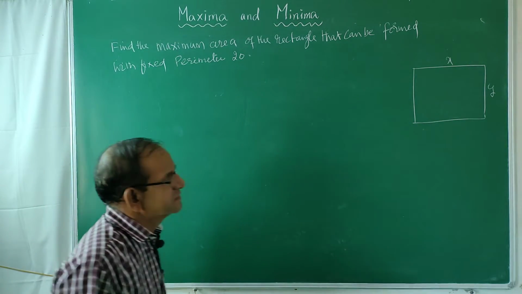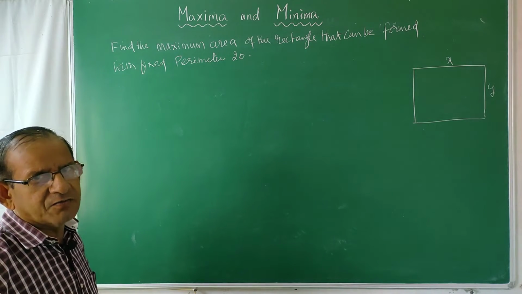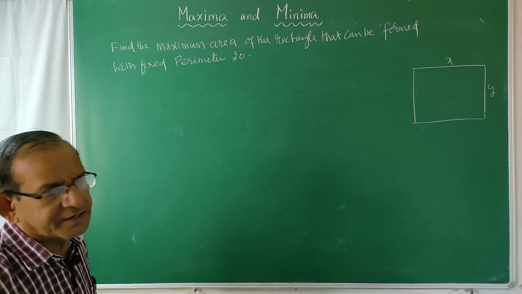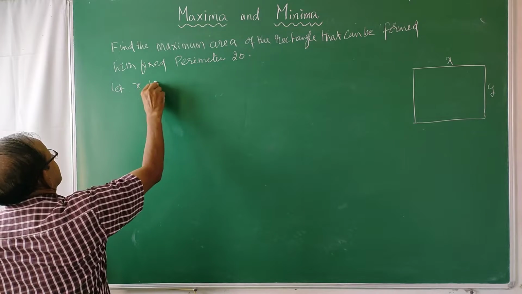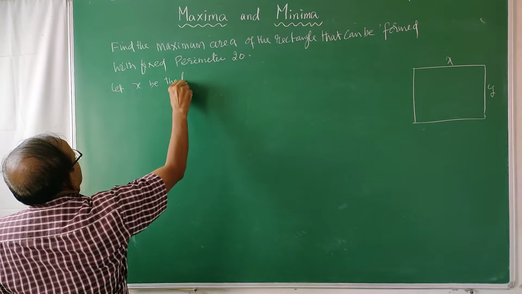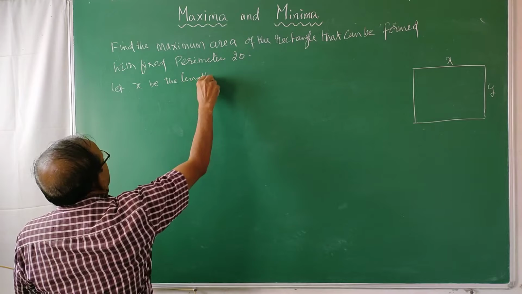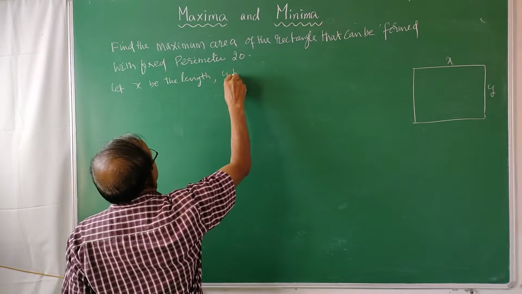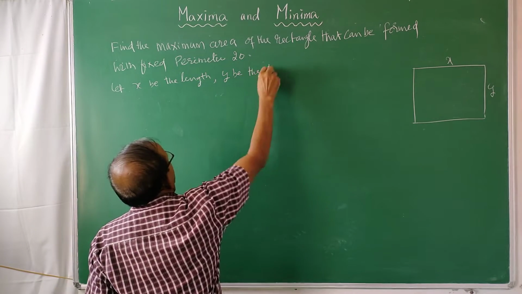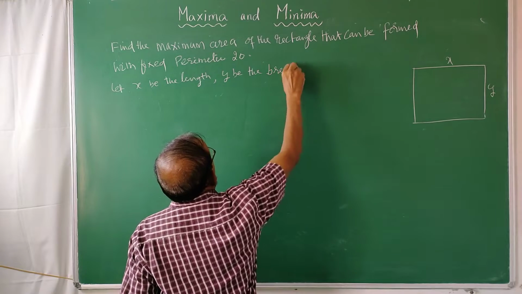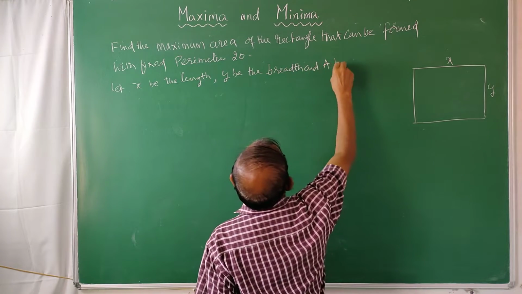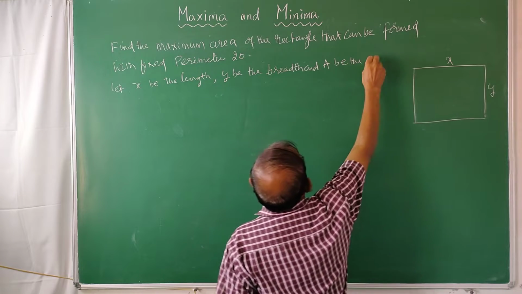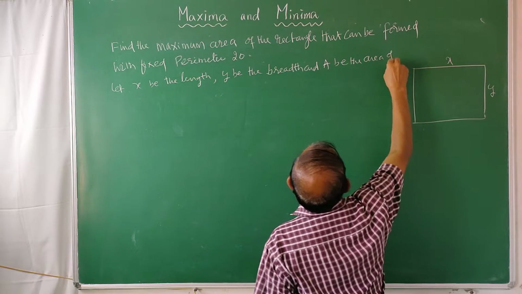Now let us take x is the length and y is the breadth of the rectangle, and capital A is the area of the rectangle. Let x be the length, y be the breadth, and capital A be the area of the rectangle.